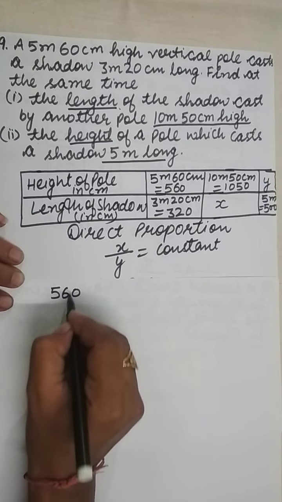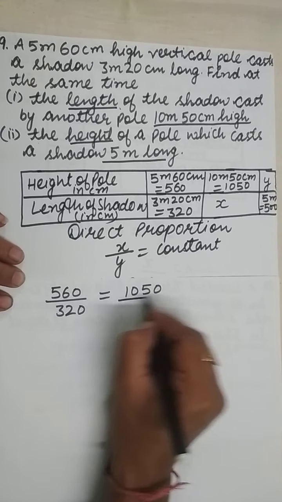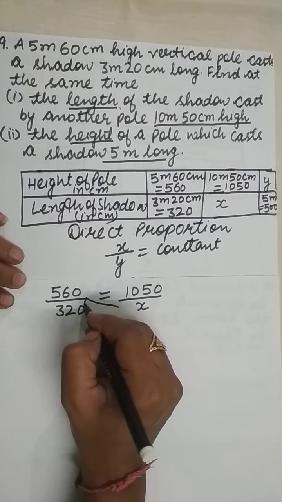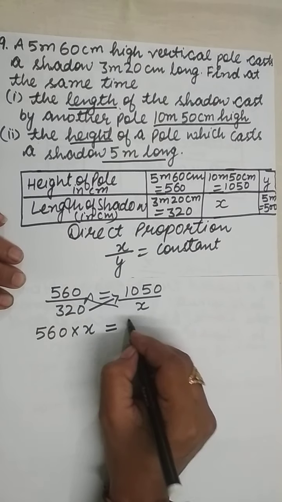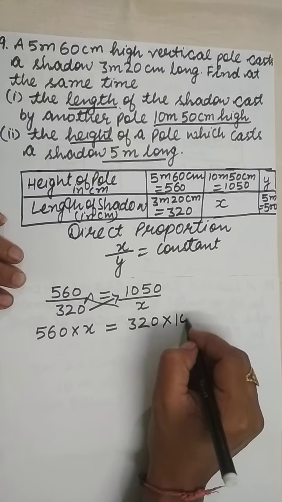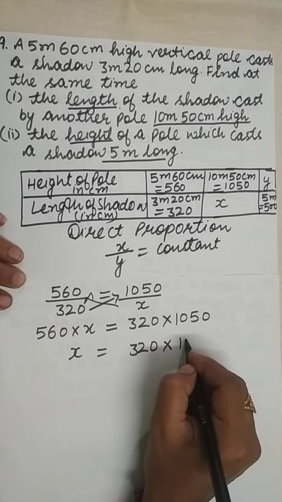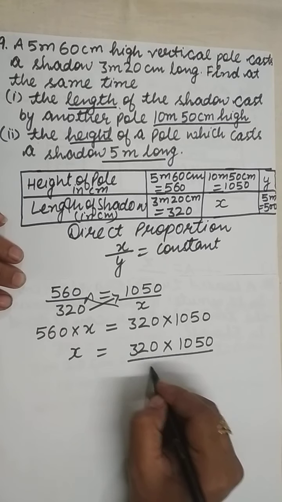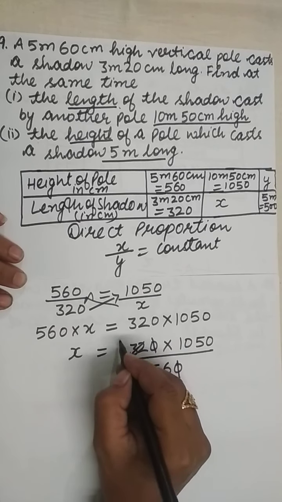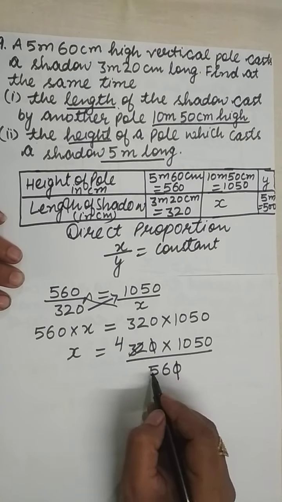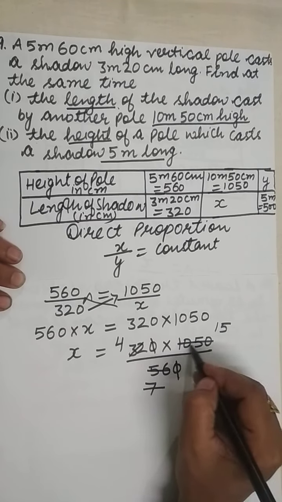560 upon 320 must be equal to 1050 upon x, or we can say that 560 multiplied by x is equal to 320 multiplied by 1050, and x will be equal to 320 multiplied by 1050 divided by 560. 0 and 0 cancel. 4 8s are 32, 7 8s are 56. 15 7s are 105.